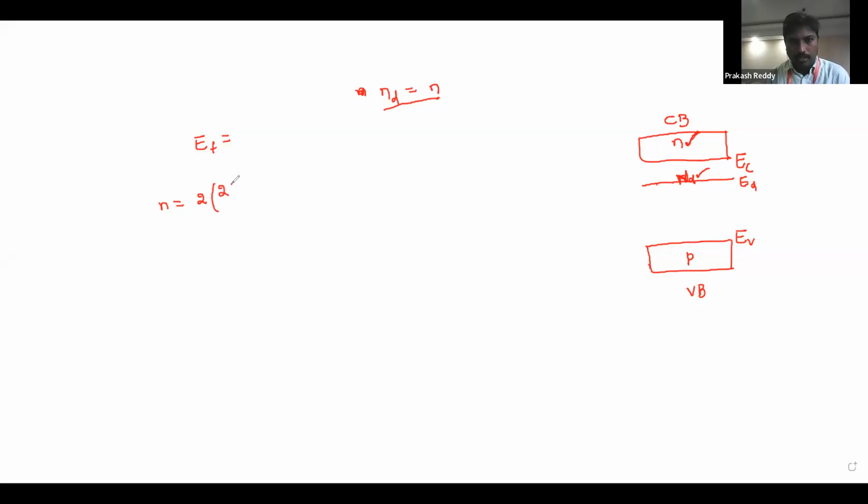In the conduction band, 2 pi me star kT by h squared, and this equation gives the number of electrons.